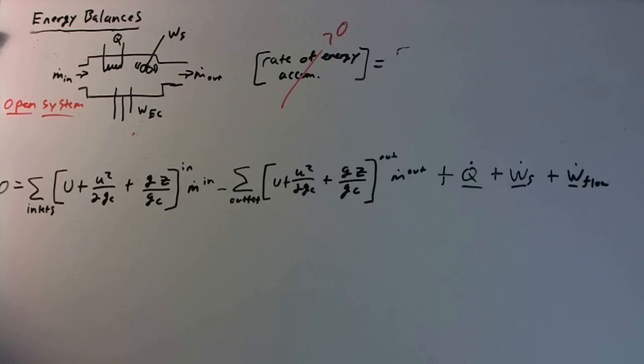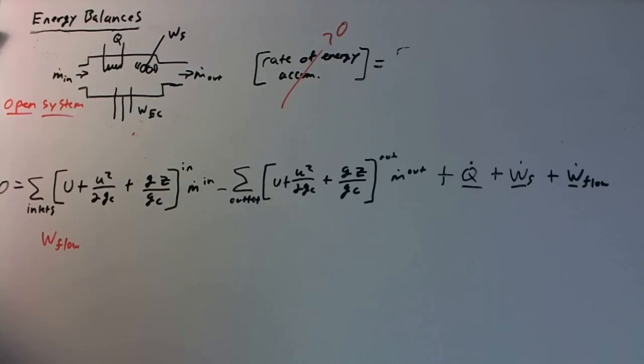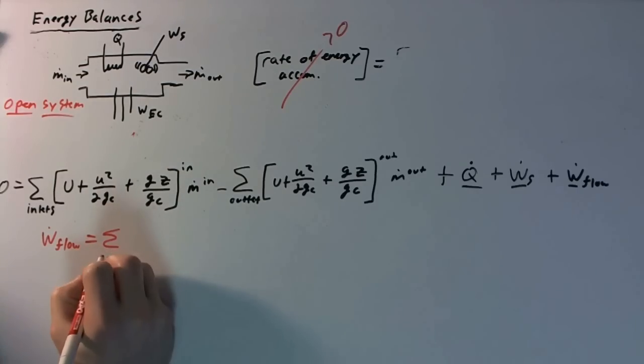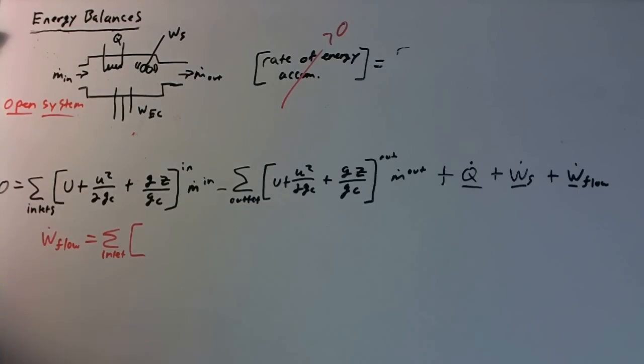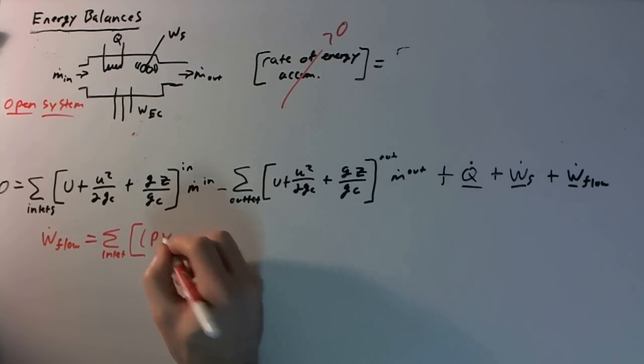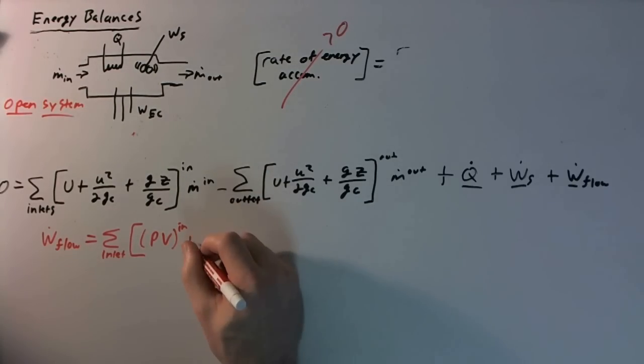All right. So now, we can write the work generated by the flow of our fluid as the following, right? Work of the flow rate, this is obviously a rate. This is going to be equal to the sum of the inlets and outlets, right? So sum of the inlet of, in this case, we have pressure times volume, which is going in, right? Times the mass flow rate, obviously in.